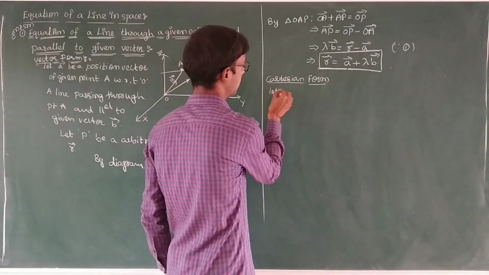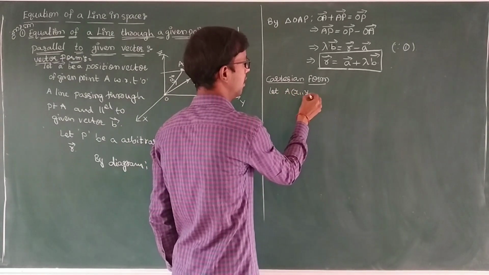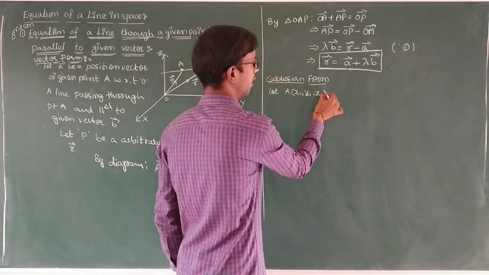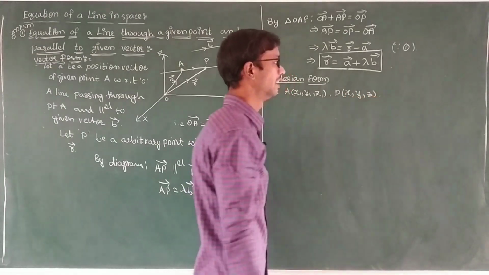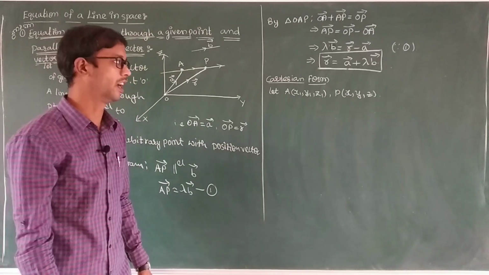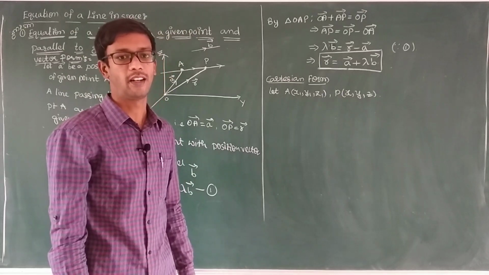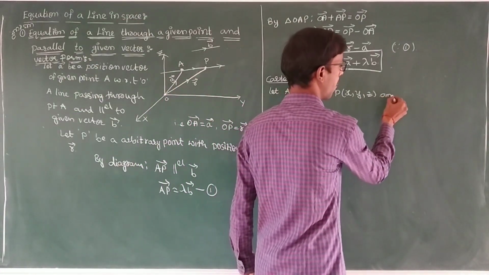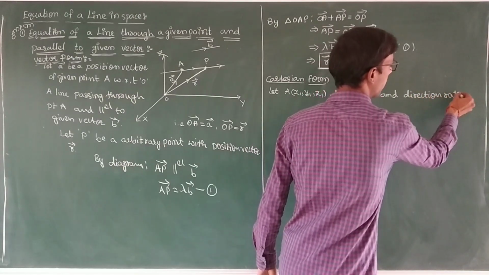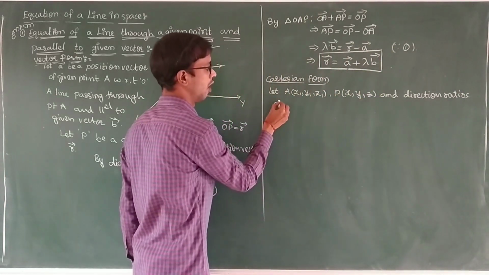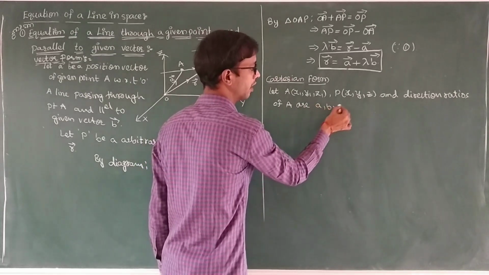Let A be a point (x1, y1, z1) and P be an arbitrary point (x, y, z), and B bar is the vector whose direction ratios are a, b, c.